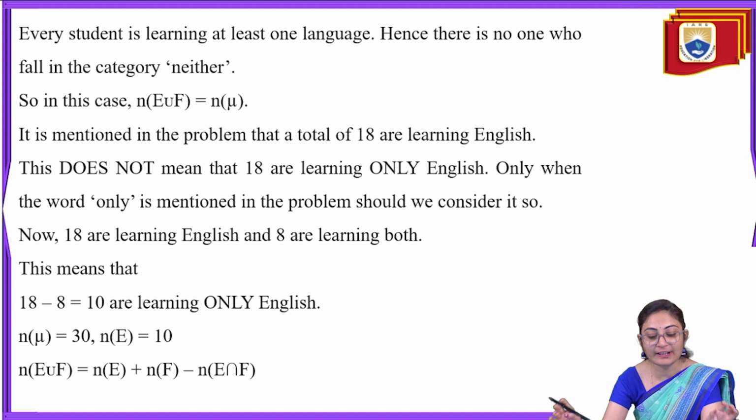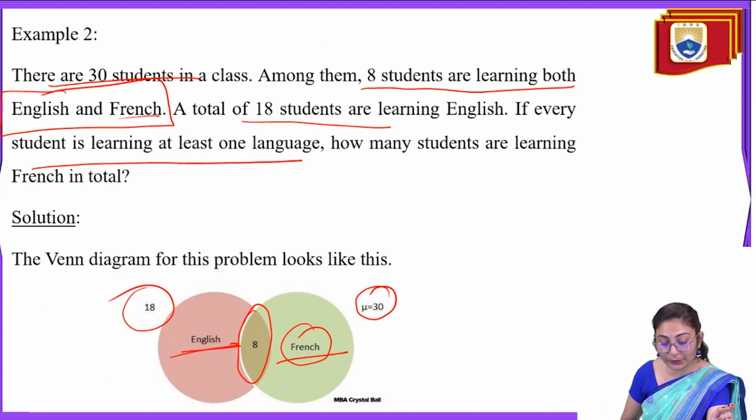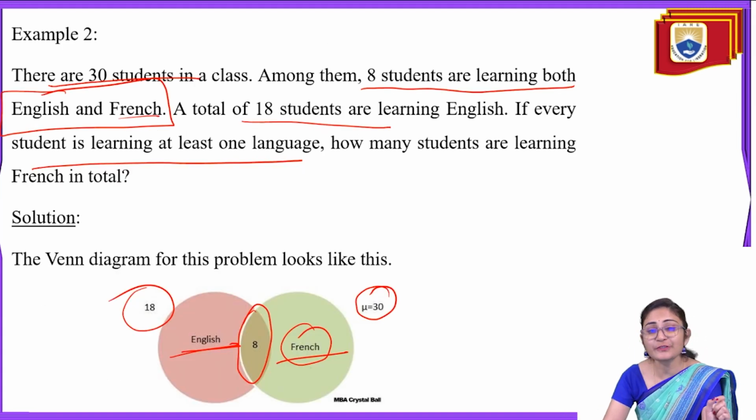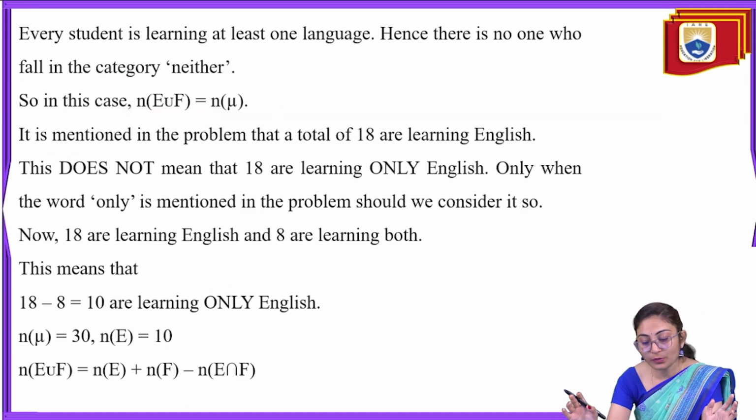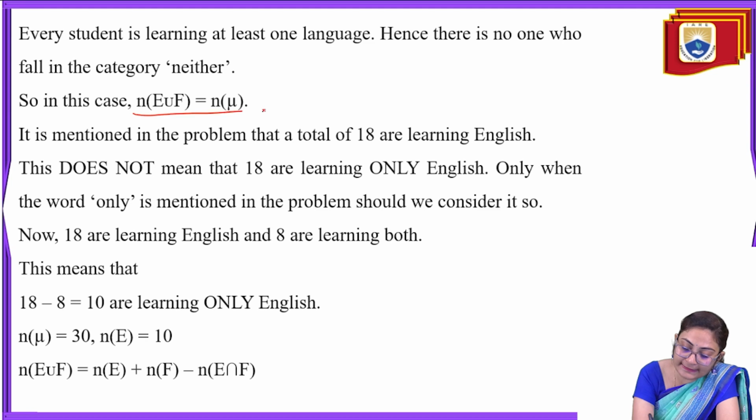Now in this example we get to know that every student is learning at least one language. So there is no one who falls in the category of neither.